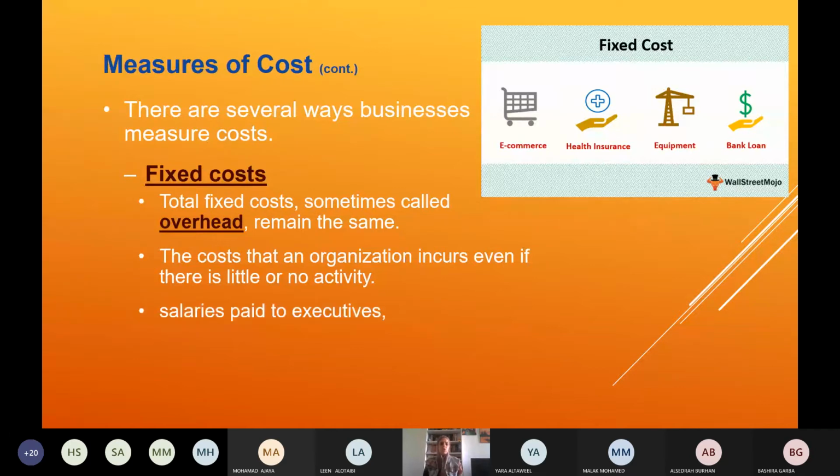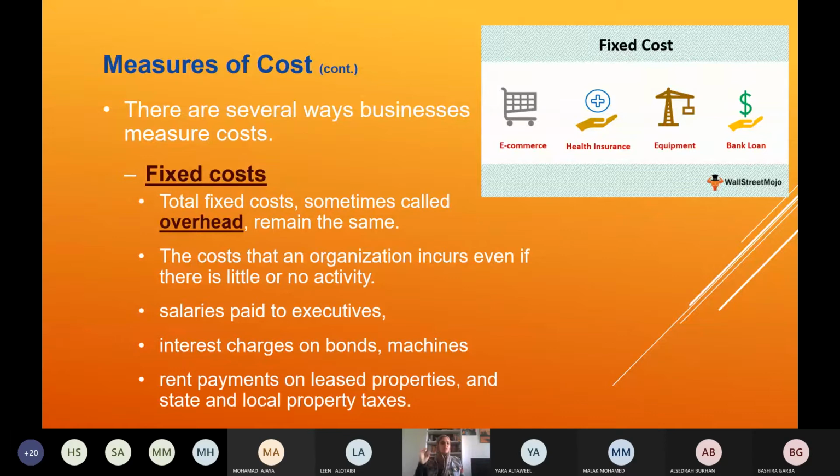So it's like the salaries and the charge on machines, like the blender. I pay for the one who helps me, the blender, the land, the tax. So these are fixed. I have to pay them every day, even if I will not make lemonade today.